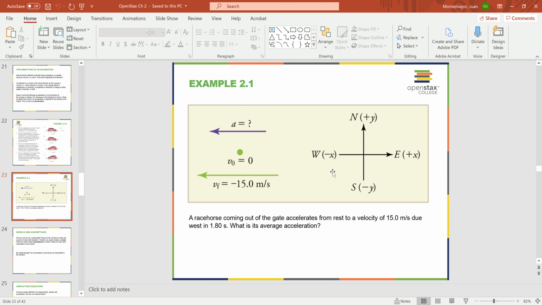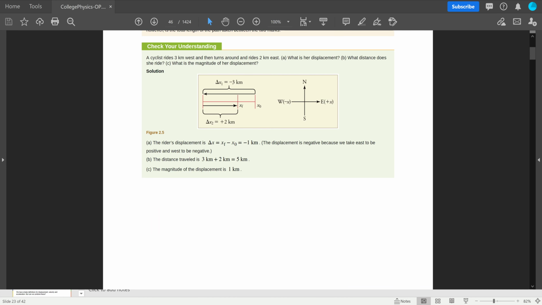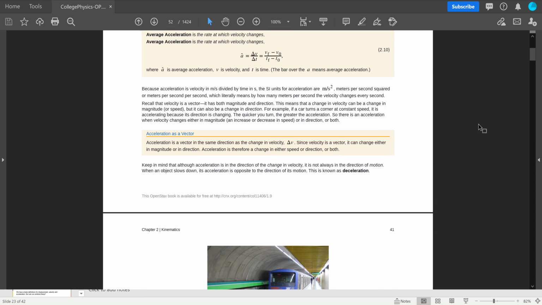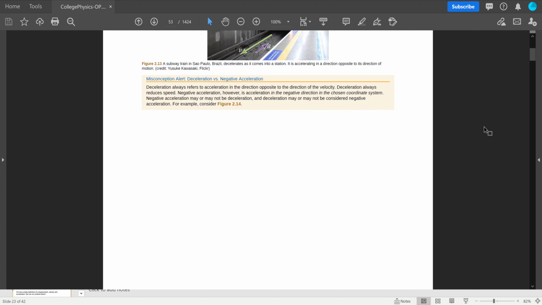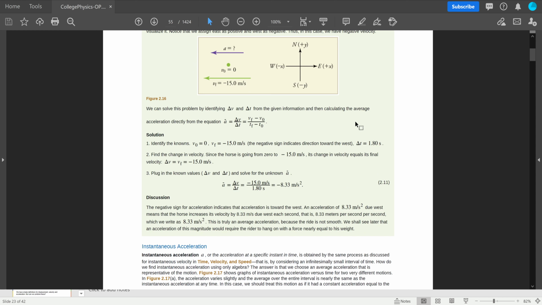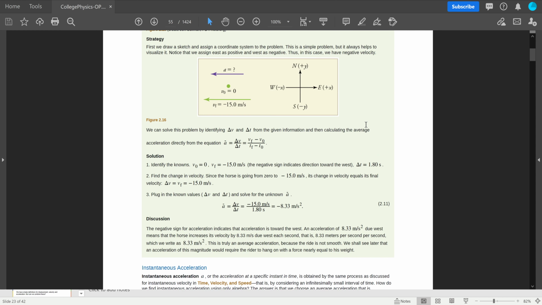Okay, so for example 2.1, a racehorse coming out of the gate accelerates from rest, so zero velocity, to 15 meters per second due west in 1.8 seconds. What is the average acceleration? So we go to the problem here. We are asking for acceleration, right?